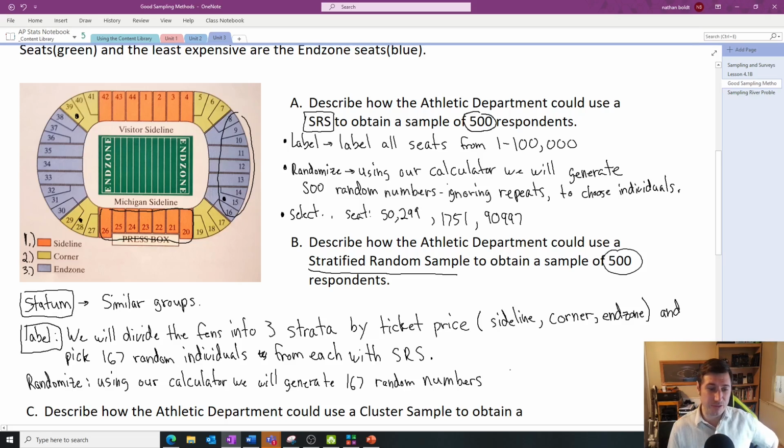I guess we have to do that 3 times, though, for each strata. Should that be plural, strata, or singular, stratum? I don't know. For each strata, and use them to pick our individuals.